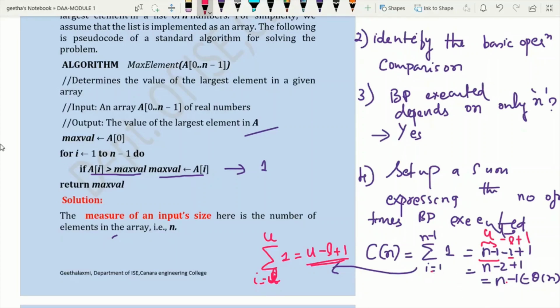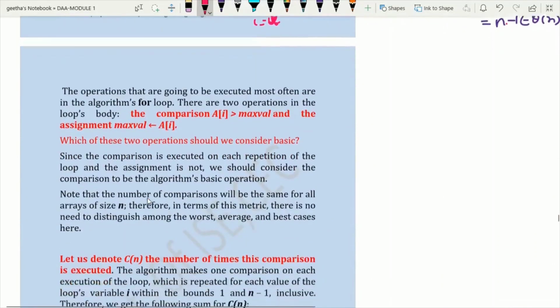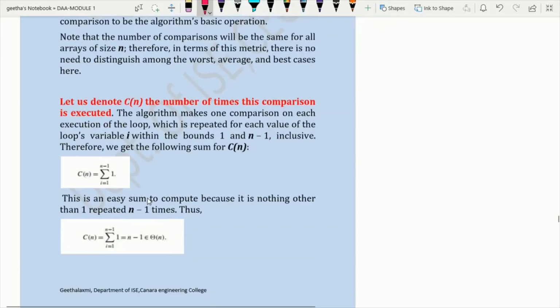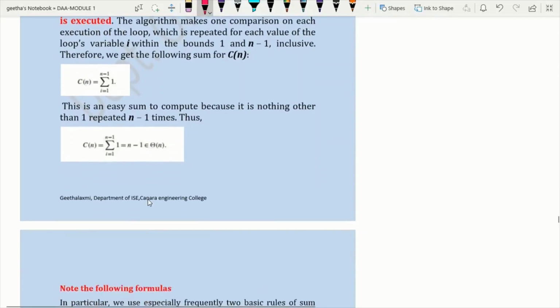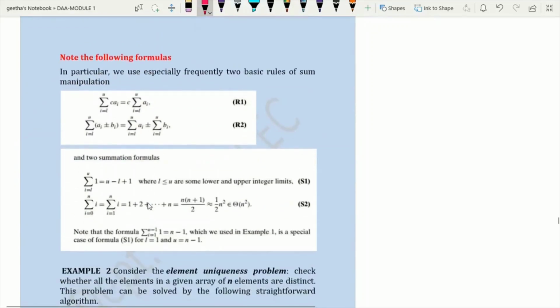Next we'll see another example. Before moving on to another example, let's note the formulas. We use especially frequently two basic rules of sum manipulation.